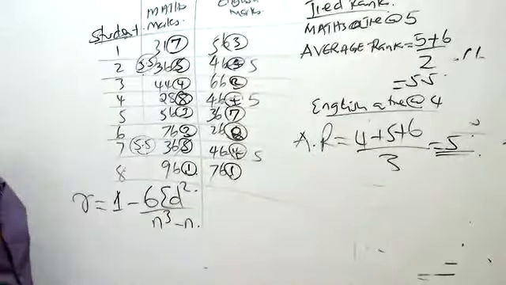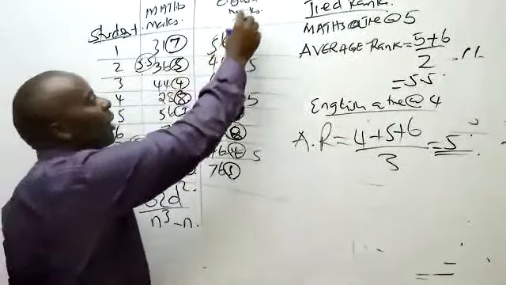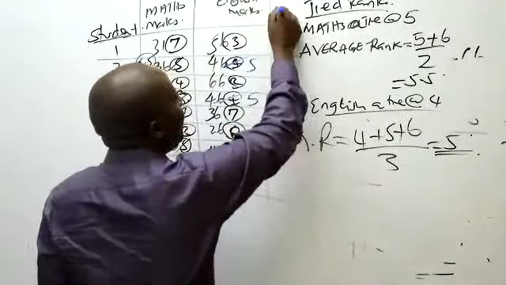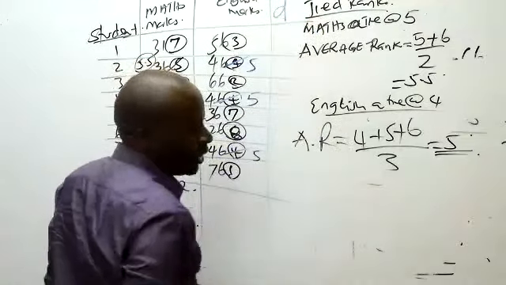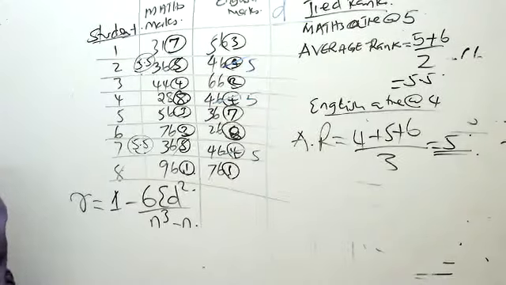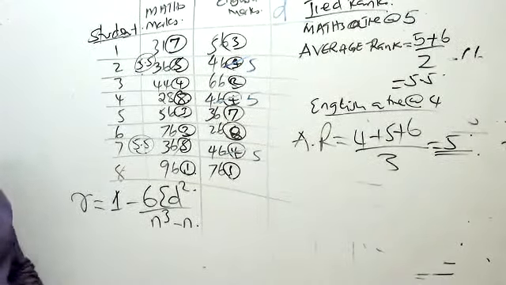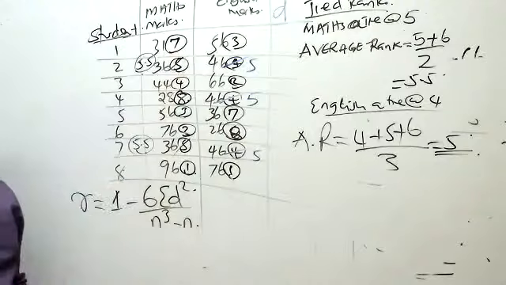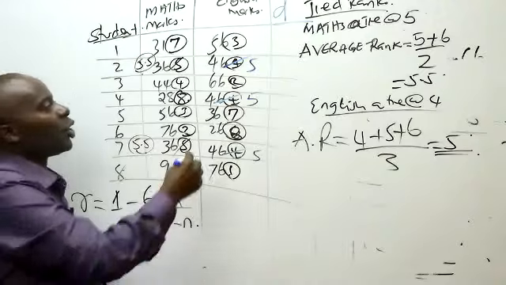Now it's after you have done that you will come and draw for us our d squared. Give us our d squared, differences squared. Like the first one is 7 minus 3. Whatever I get is 4. I square it. So 4 squared gives me 16.